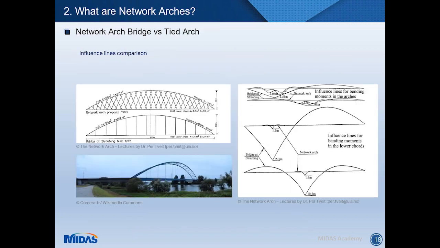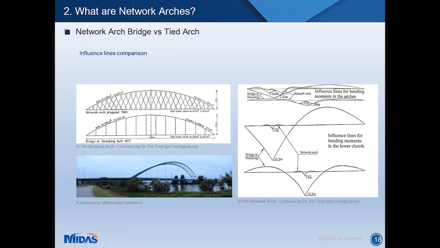So as I said, Professor Tveit has carried out a lot of research, and one interesting part of his lecture is this comparison between the real bowstring arch with vertical hangers at Straubing in Germany that was built in 1977, and his proposal of a network arch made in 1980 for the same span of 200 meters.